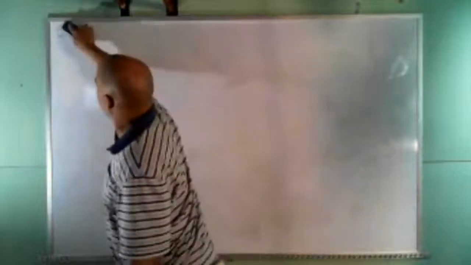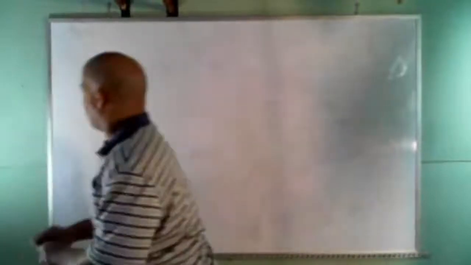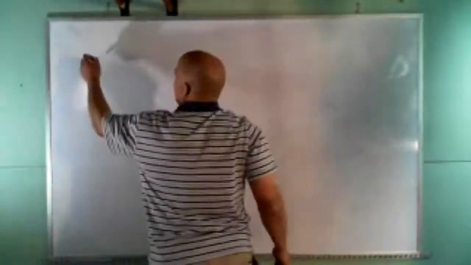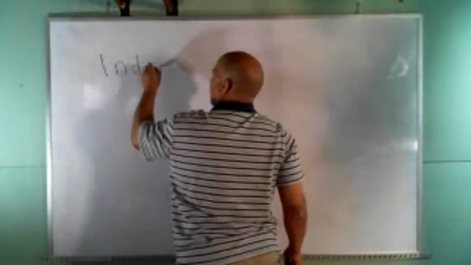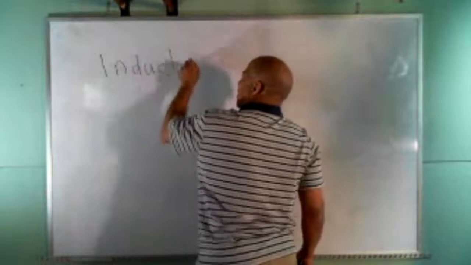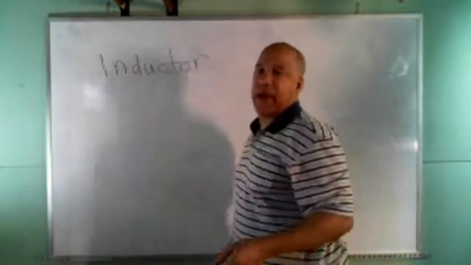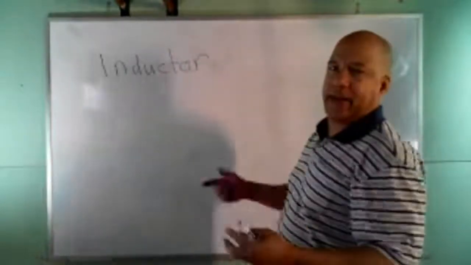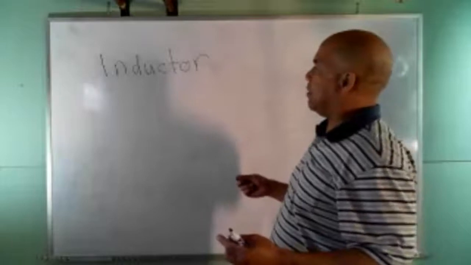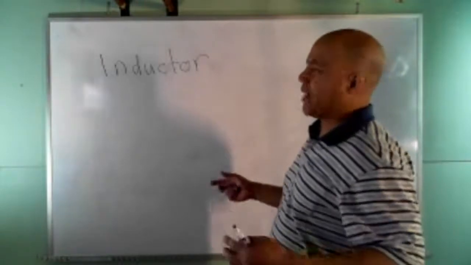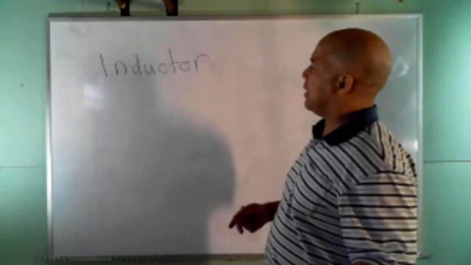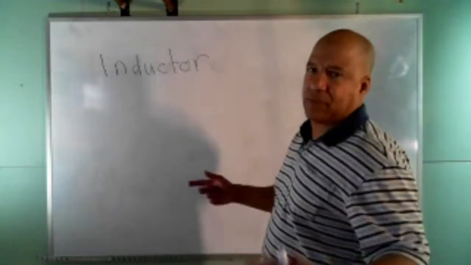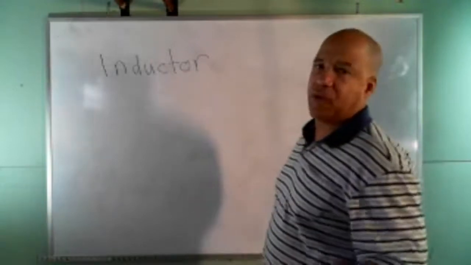So let me just briefly introduce the inductor. We went into a lot of the physics behind capacitors. We looked at how they were made and how parameters like the area of the plates, the distance between plates, and the dielectric constant were all related. I'm not going to do that for inductors.